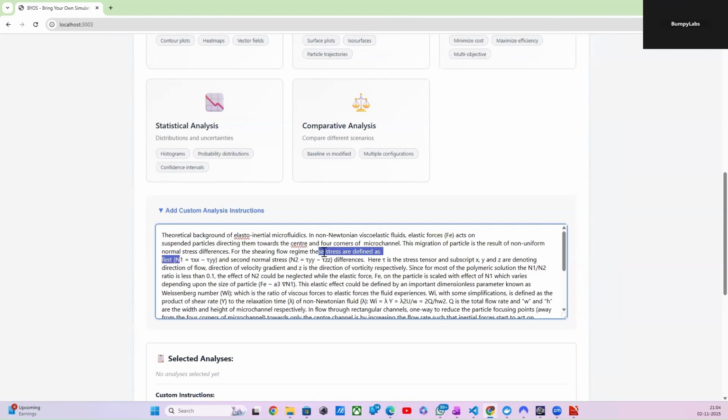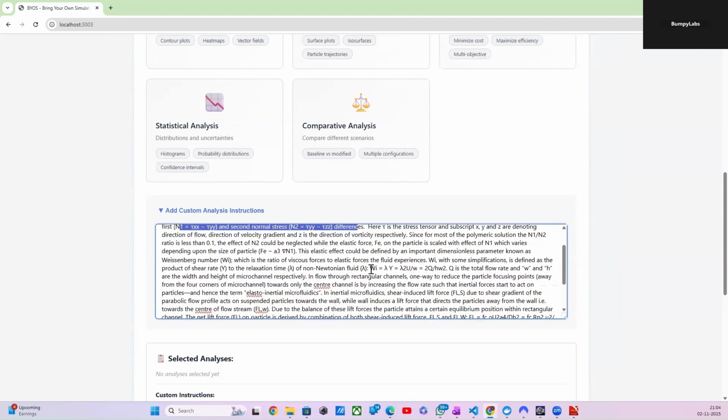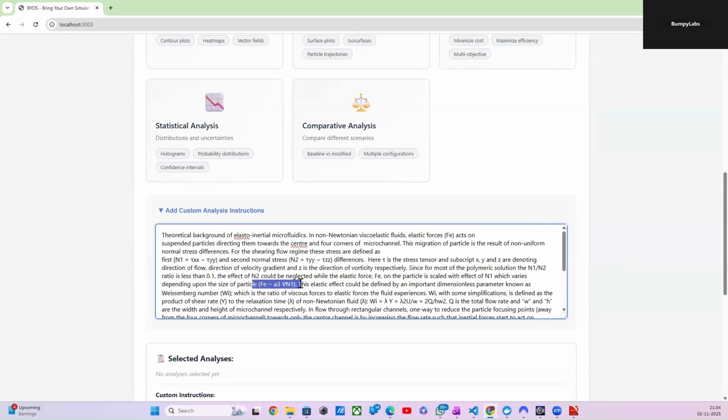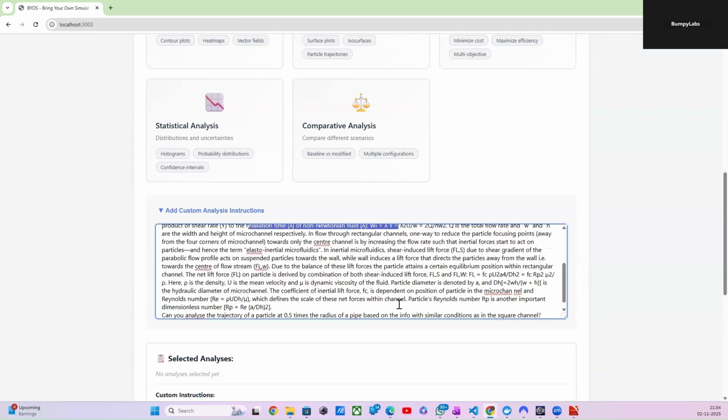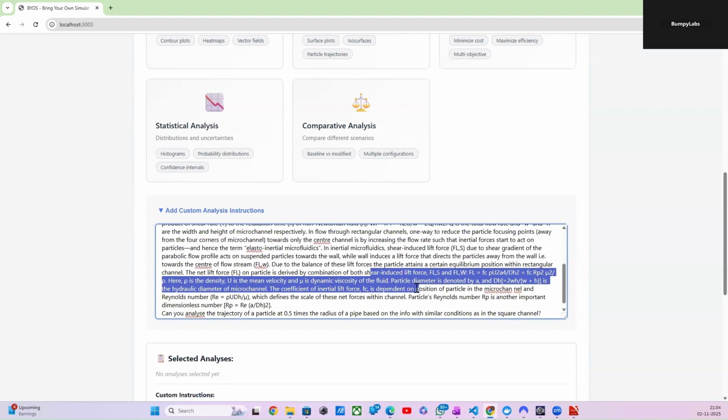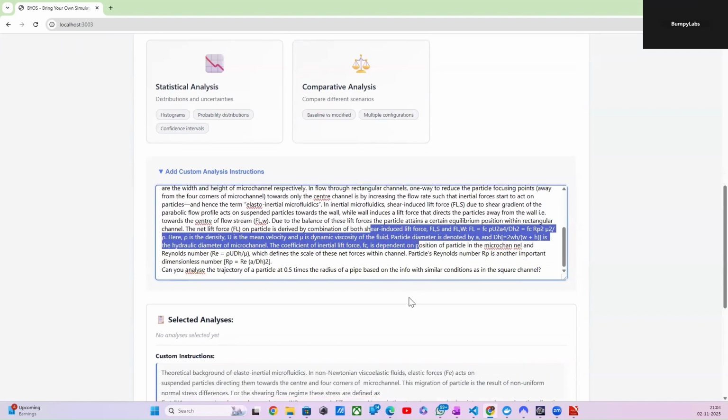Then we have given how the first and second normal stress differences look, and all the notations that describe that. Then the elastic force is given by the cube of the particle size. And then we have also mentioned the relaxation time in non-Newtonian fluid, and the kinds of forces that are in play here, right? These are all the specifics of this particular simulation, and we don't need to go too deep into it.